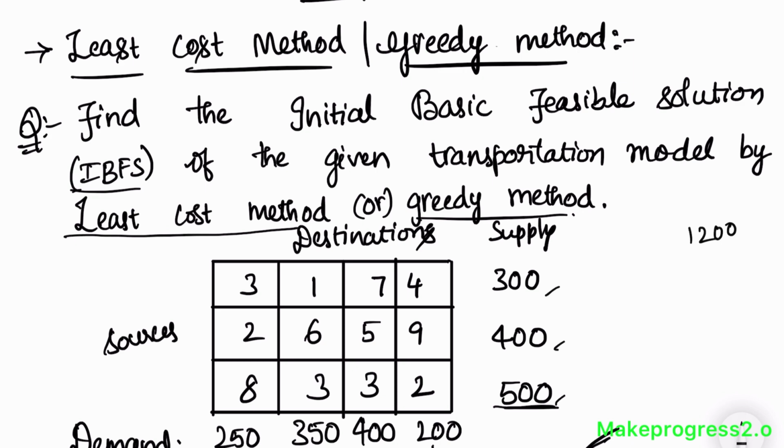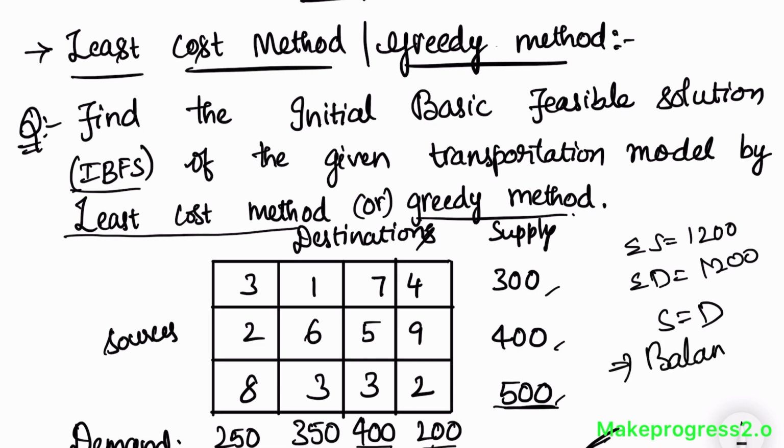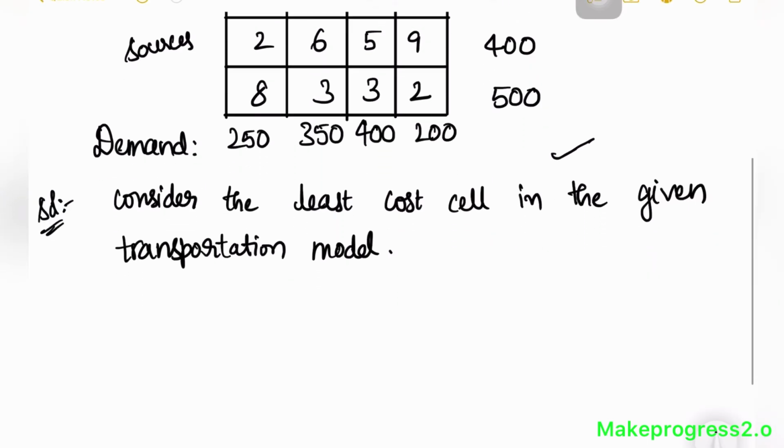If the sum of the supplies is equal to the sum of the demands, then the transportation is balanced. Here we have 300 plus 400 plus 500, that's sigma S equals 1200. For demand, 250 plus 350, that is 600, 600 plus 400 is 1000, 1000 plus 200 is 1200. So supply is equal to demand, so the transportation model is balanced. So we could proceed further.